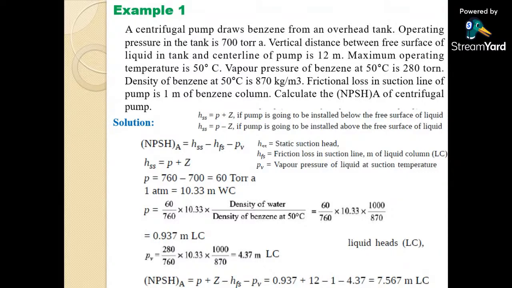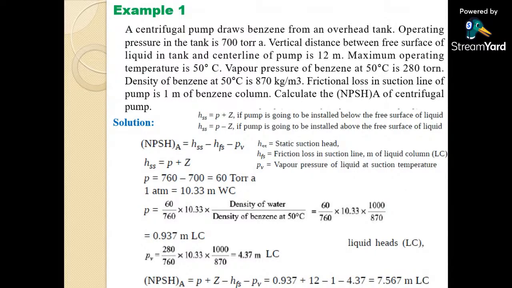So to avoid the cavitation, we have to take care of the system pressure as well as the vapor pressure of the liquid, which is a function of temperature. Okay. So the available NPSH we have is the available pressure plus atmospheric pressure. In general we write it as HSS, the static suction head available, minus the frictional losses.